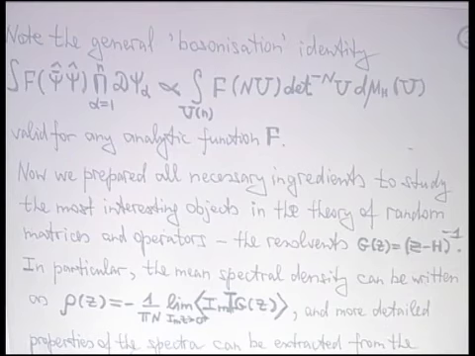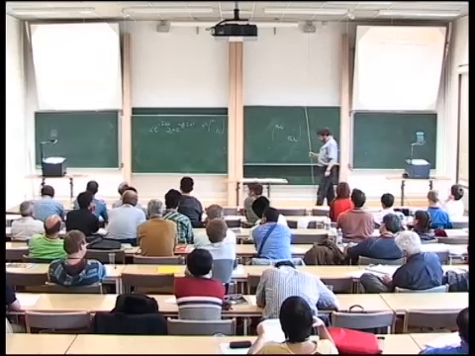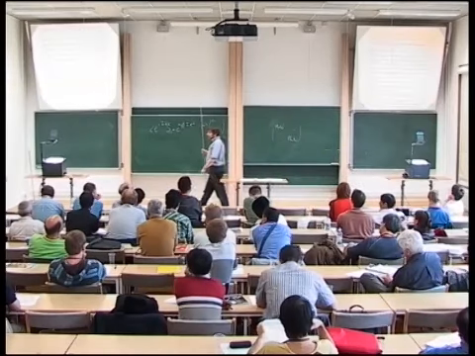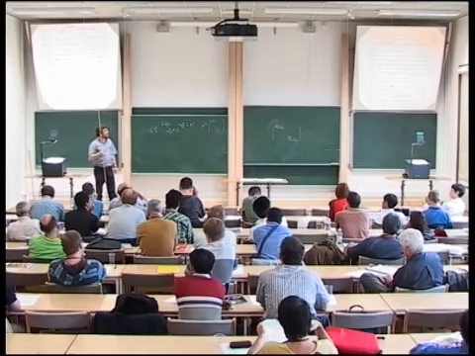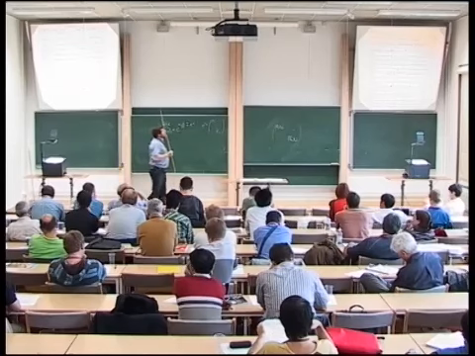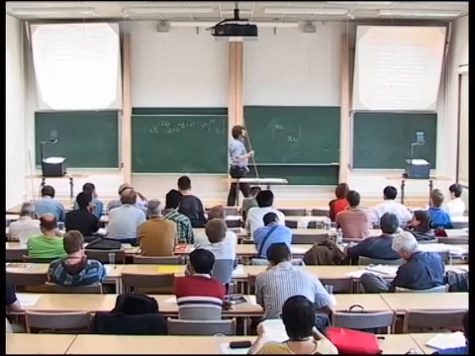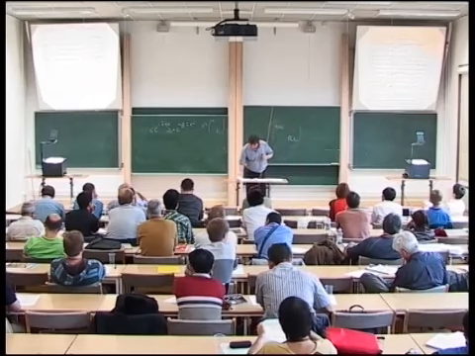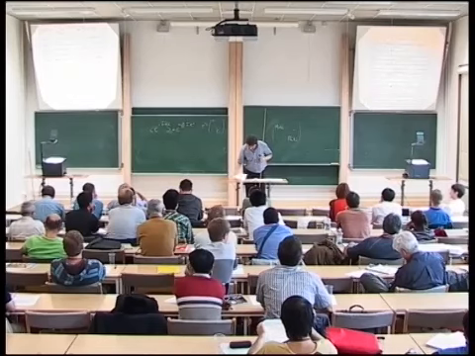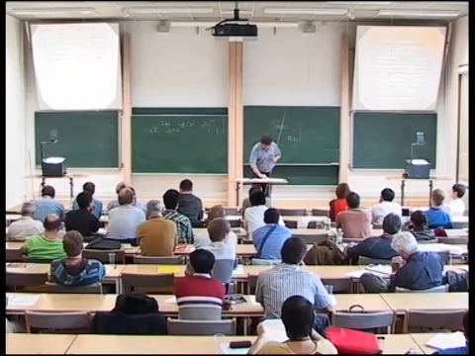Okay. Maybe I can make one remark here. There's a slight complication in this formula, which is that if you come from the left-hand side, and you know f as an analytic function everywhere, there's no issue.